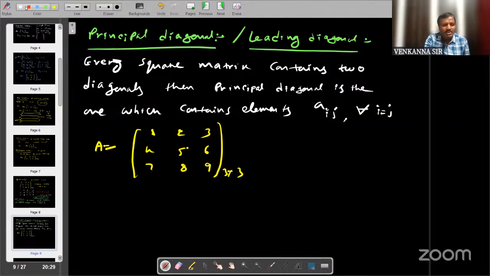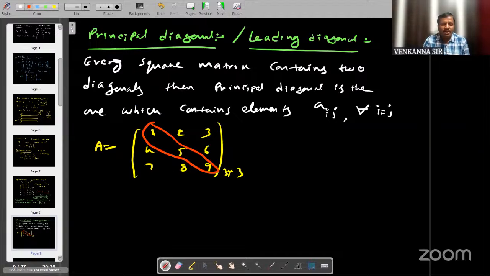If you observe, 1, 5, 9 is the principal diagonal. Why is it called the principal diagonal? Here the row number and column number are the same: 1 1. This row number and column number are also the same: 2 2. And 3 3.